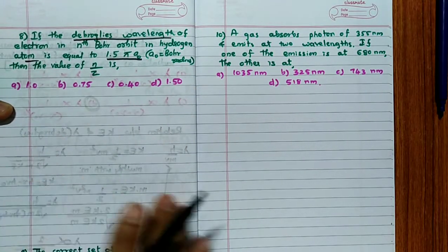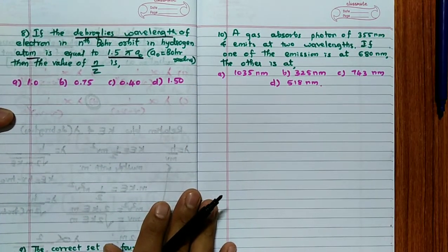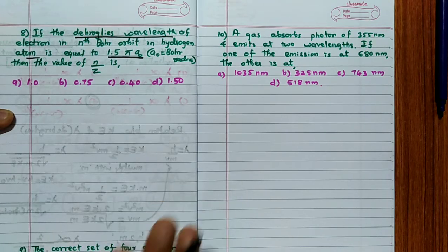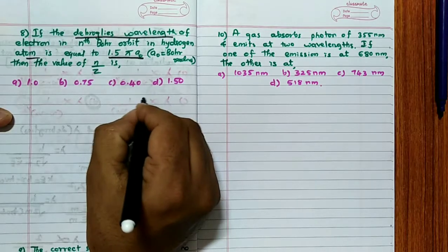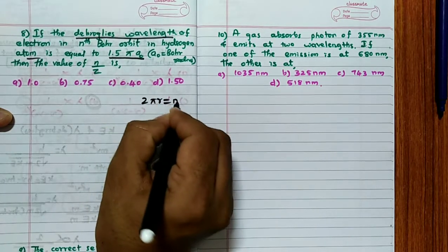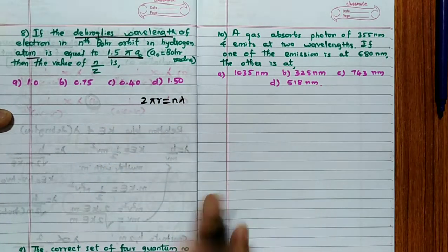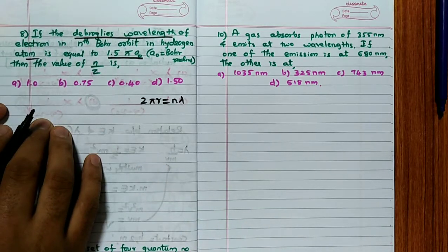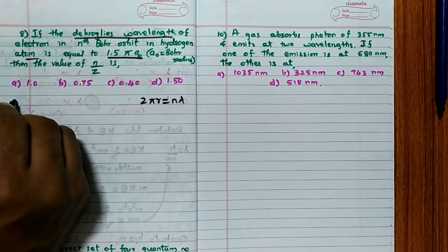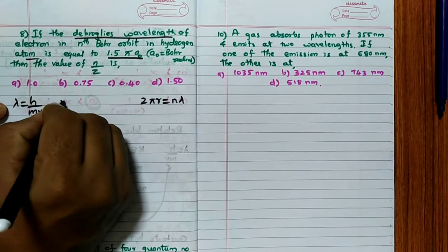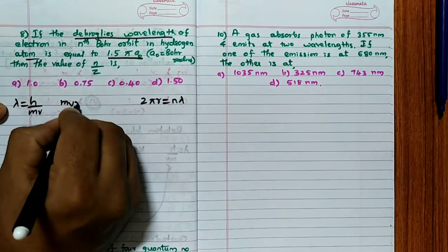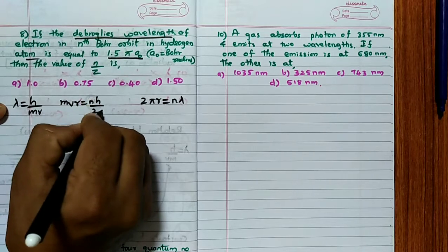Remember. If you see my last NEET booster of structure of atom, there I have derived that particular equation, that is 2 pi r is equal to n lambda. You can remember that directly, or I will solve that once again. If you have not seen it also, no problem. Lambda is equal to h divided by mv. So according to Bohr's equation, mvr is equal to nh by 2 pi.